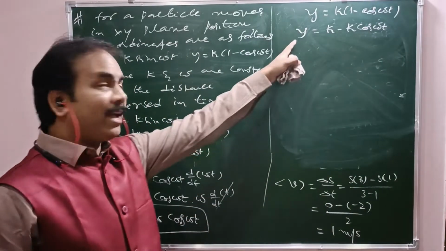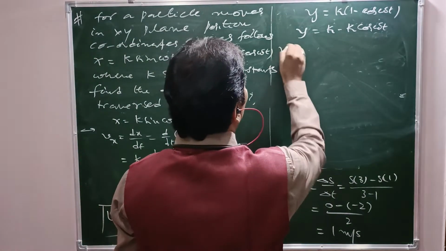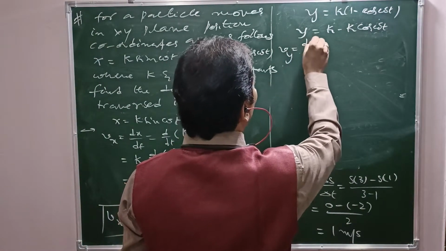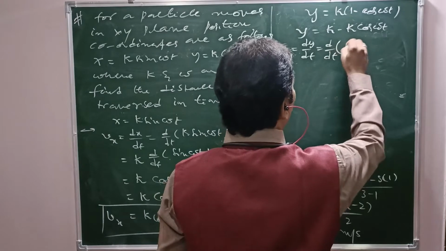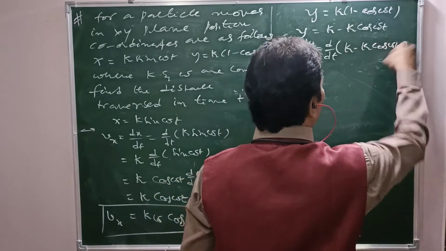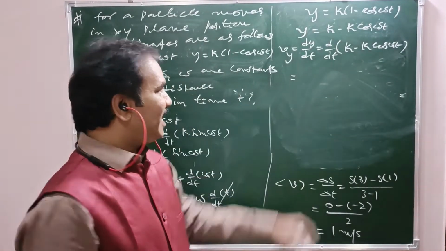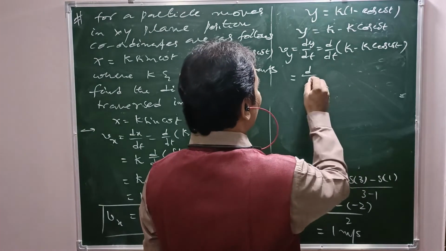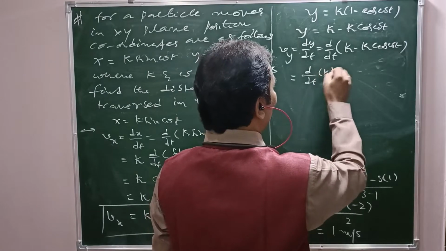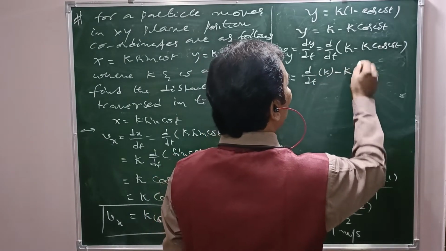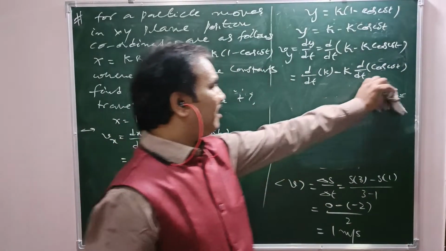Now on differentiating the position coordinate y with respect to time, we can have Vy, that is Vy becomes dy by dt, right? That is d by dt of k minus k cos omega t. That is Vy equals d by dt of k minus k, which is constant, that is k of d by dt of cos omega t. Am I right?